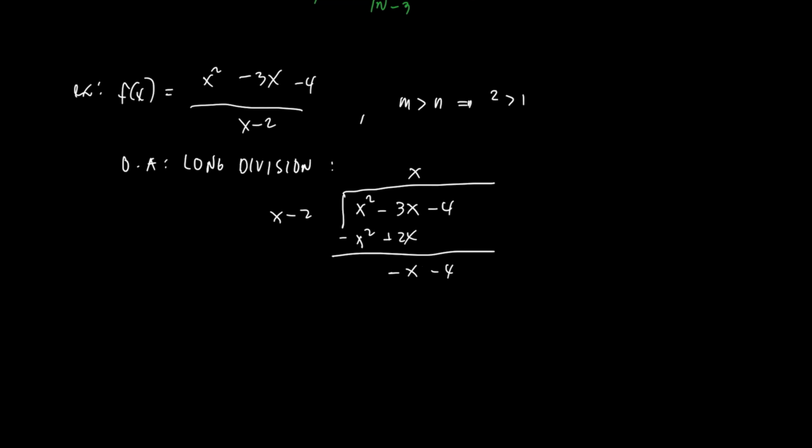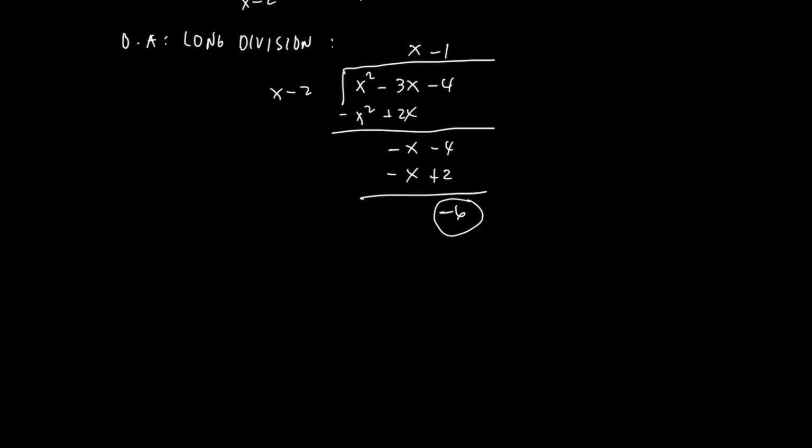So this is negative x minus 4. Then negative x divided by x, that's negative 1. So that this is negative x, this is plus 2. Then subtract, that's 0, this is negative 6. Okay, so we don't mind about the remainder.